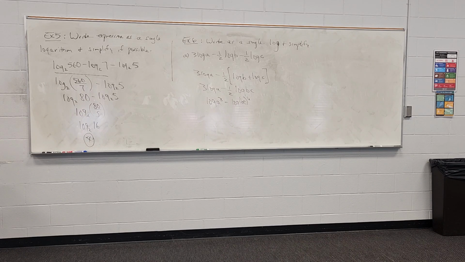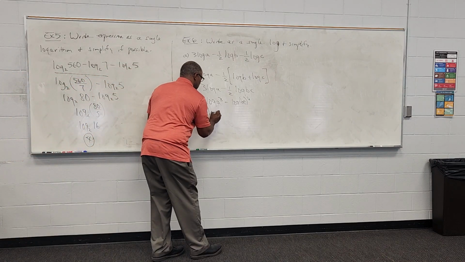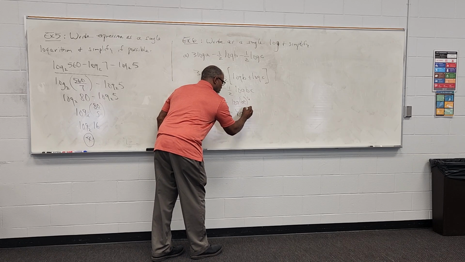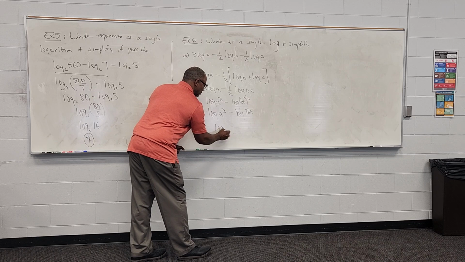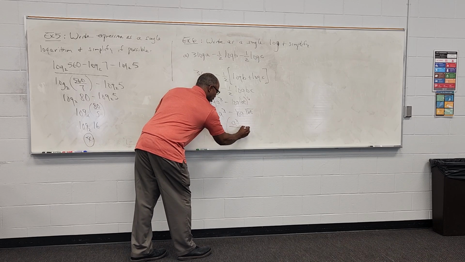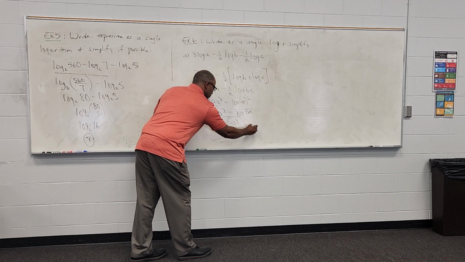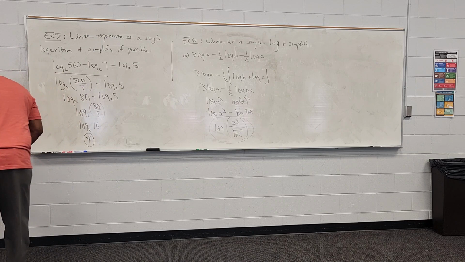And 1/2 power is the same thing as log of the square root of BC. I got subtraction, so the last step is to write this as log of A cubed over the square root of BC. That would be my final answer. Okay?